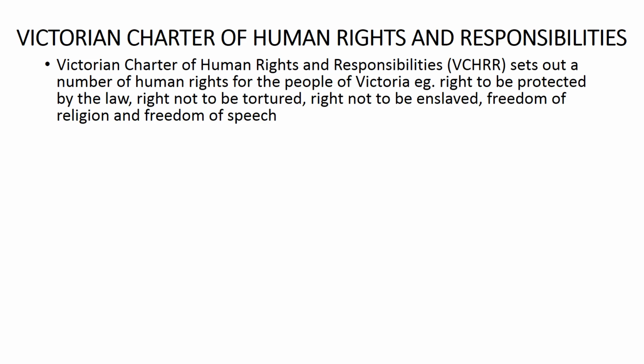Think back to the anti-discrimination legislation that we've just looked at. This legislation gives people the right not to be discriminated against on the basis of certain characteristics such as their gender. So, for example, if an employer were to discriminate against an employee on the basis that the employee is female, then that employee could take the employer to court and obtain an order from the court that prohibited the employer from discriminating against the employee simply because she is female.